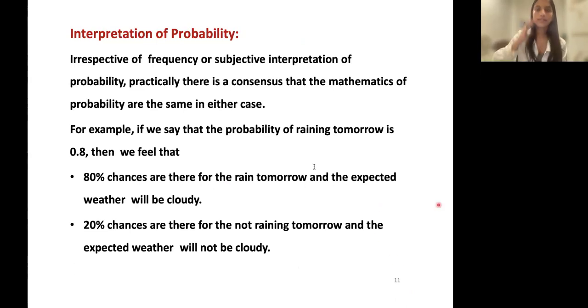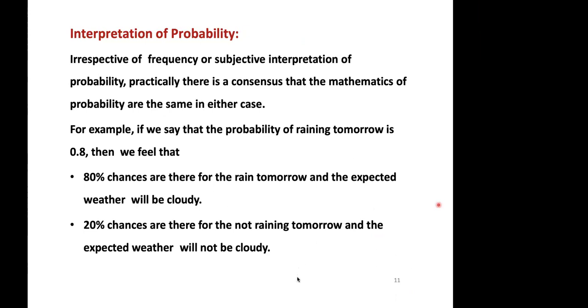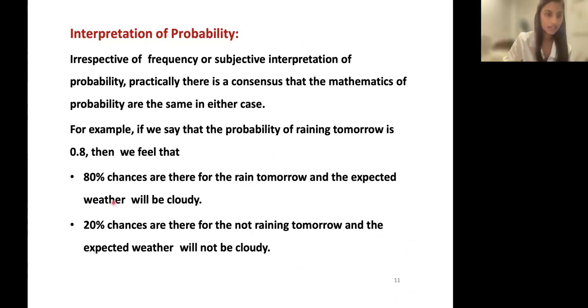Now when we come to these aspects of probability, irrespective of the frequency or the subjective interpretation, practically there's a maths behind them. The mathematics behind all these is generally the same. Again, the cloud example: let's say the probability of raining tomorrow is 0.8. So there's a math that there's an 80% chance it will rain.